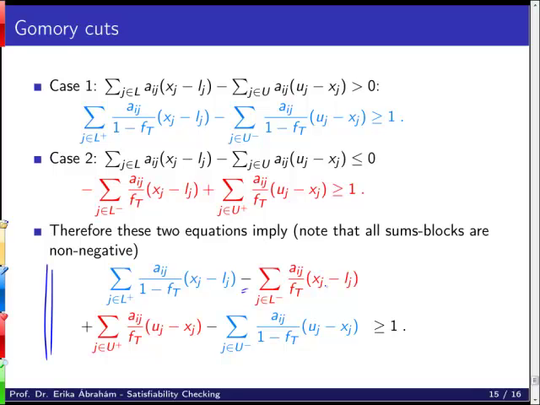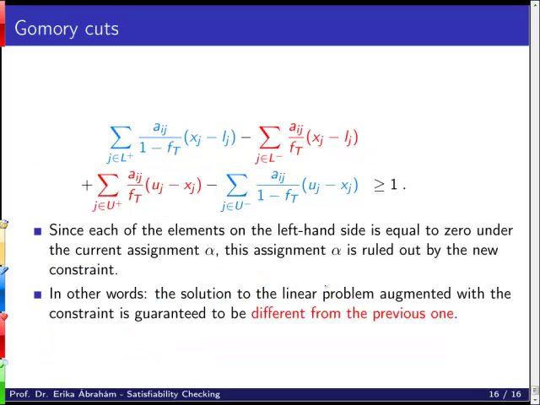Perhaps how we have derived this inequation, you can look at it again at home. What I would like to do is a short example. So basically, this is the whole method. You have the simplex. Then if the solution is non-integer, you search for a row which defines, for a variable which should be integer, a non-integer value.